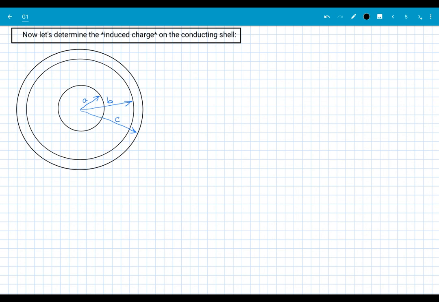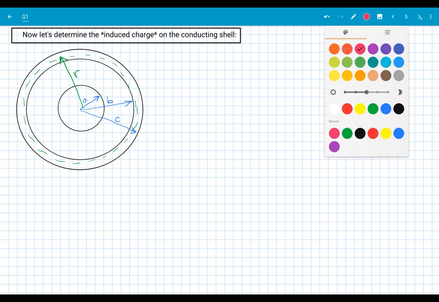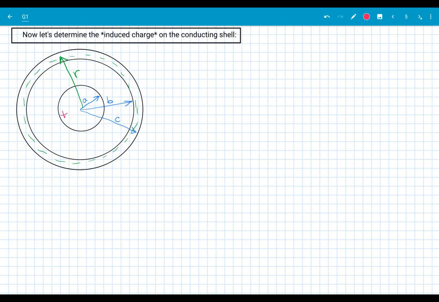In order to answer this question, I'm going to use Gauss again, and I'm going to place my Gaussian surface on the inner material of this conducting shell. The Gaussian surface is a sphere again of radius r. And I'm also going to remind us that this sphere in here has a positive charge Q.